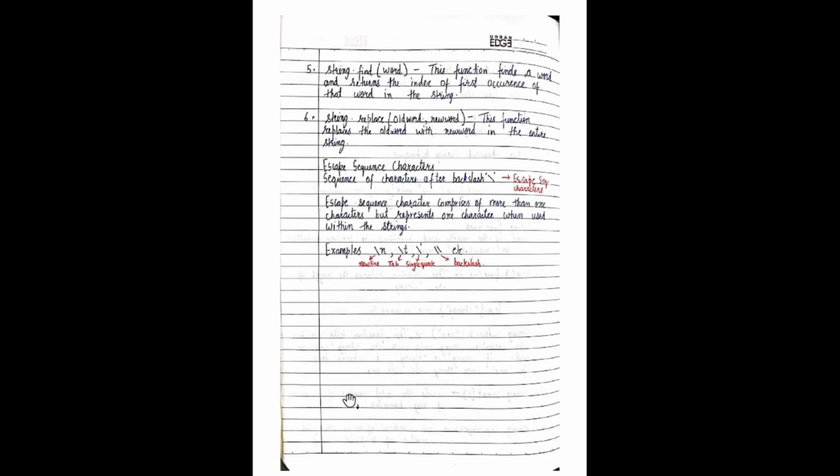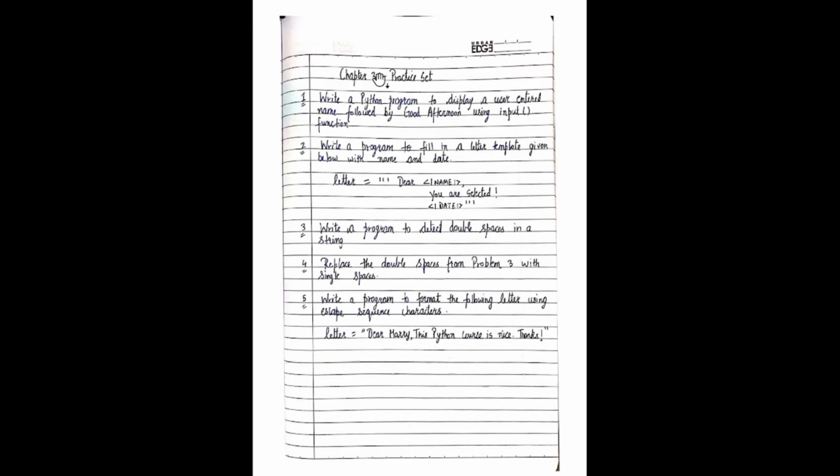Now there are only 1, 2, 3, 4, 5 and 6. Now the seventh one is escape. It is an exception case, and here is the practice set for chapter 3. One: write a Python program to display a user-entered name followed by good afternoon using input function.